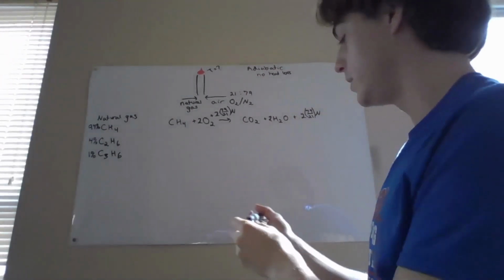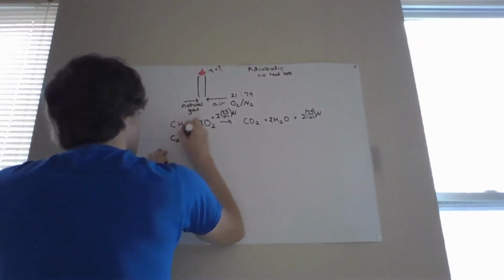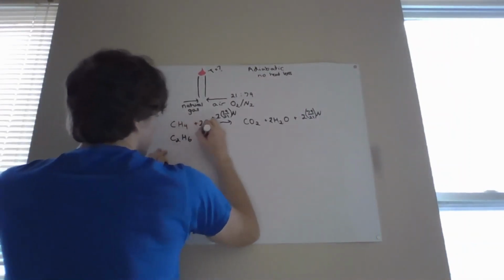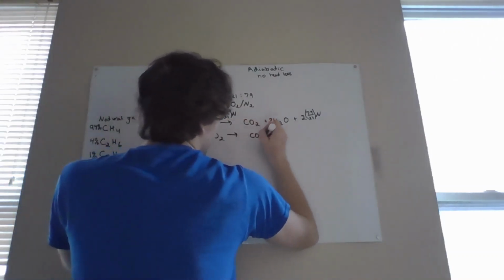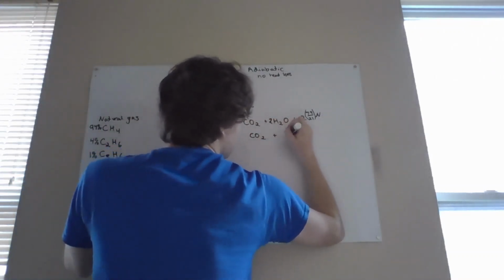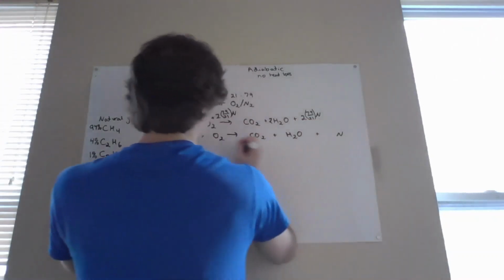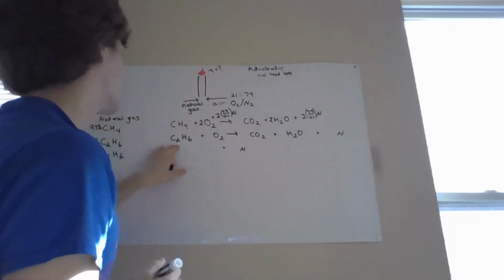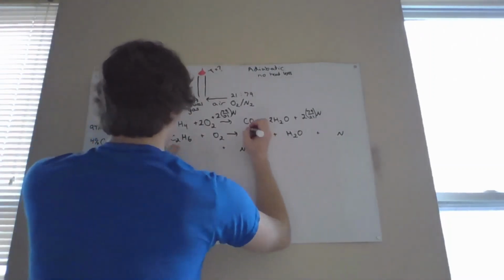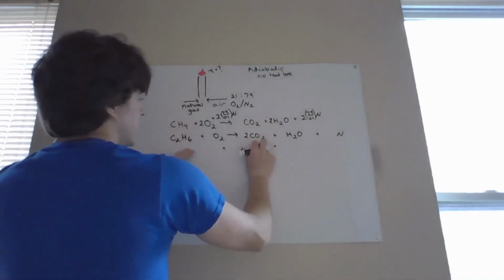Now I can do the same thing for ethane, which is C2H6. We'll have a certain amount of moles of oxygen, carbon dioxide, and water as products, and we'll also have our moles of nitrogen. Again, start balancing the carbons. There are 2 in the hydrocarbon, so we have 2 moles of CO2 on the right side.